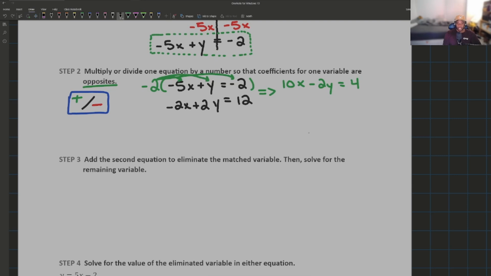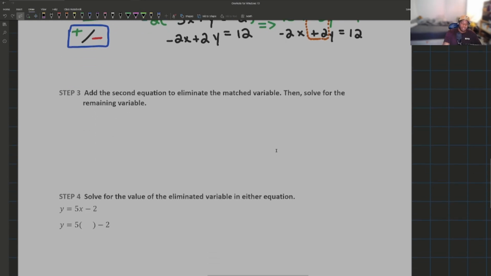Down below, we didn't change anything, so we're just going to bring that over. Negative 2x plus 2y equals 12. And so now, as you'll notice, we've set our two equations up to eliminate because the coefficients for y are both opposites.